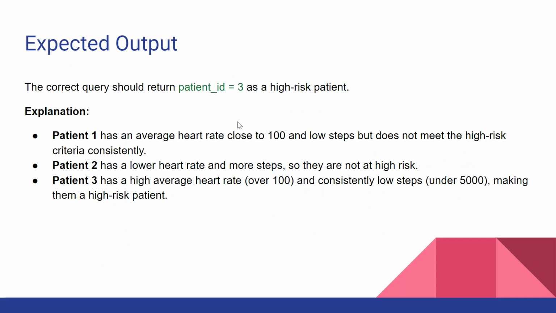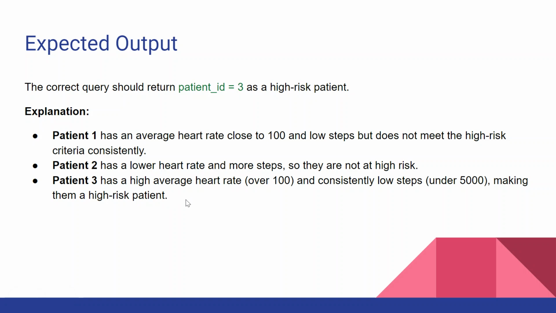Patient ID 1 and patient ID 2 do not satisfy the conditions for a high risk patient, so we are not going to consider them. Instead, we should get the final output as patient ID 3. The explanation for each patient in the table is given, and we will see it when we write the query and get the final result.